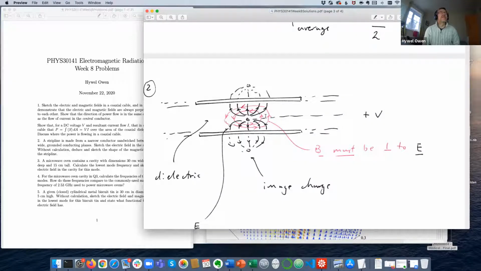So again, I can deduce that the power must only flow in the direction into the page, because I know the Poynting vector only flows into the page, and the magnetic field must be perpendicular to the electric field at all locations. All right, so that's question two.